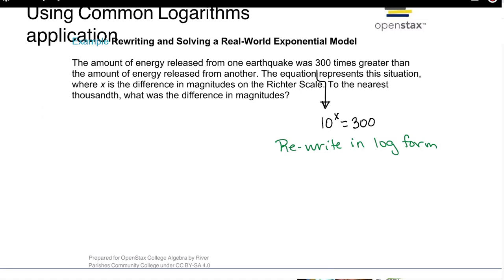So if I rewrote it in log form, I would write log base 10 of 300 equals the exponent, which is x. And I know that log base 10 of 300 is just log 300 in the calculator.